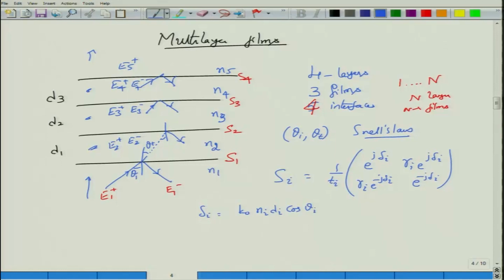Please note that this theta i is not the incident angle, but the angle which the light makes inside that appropriate film.